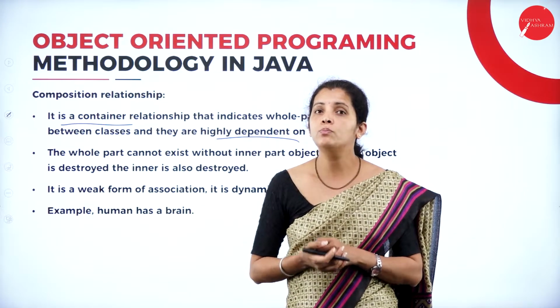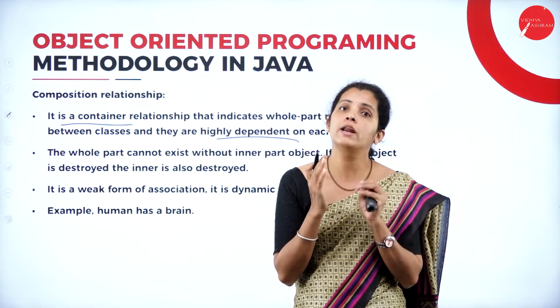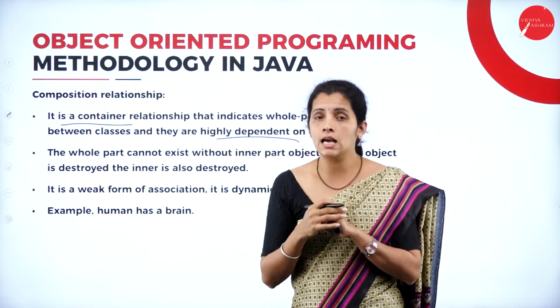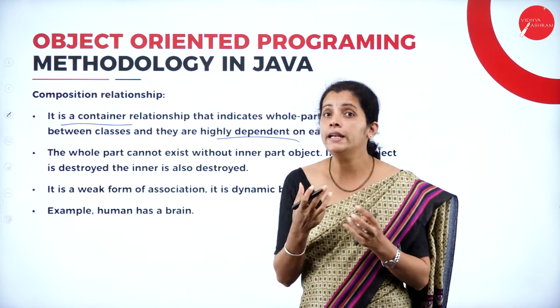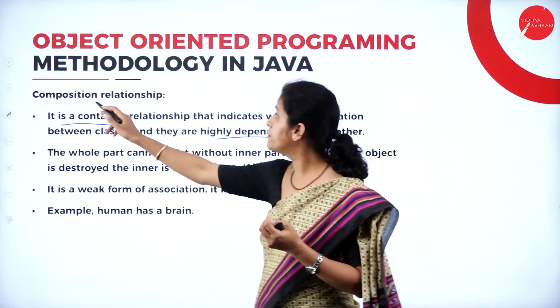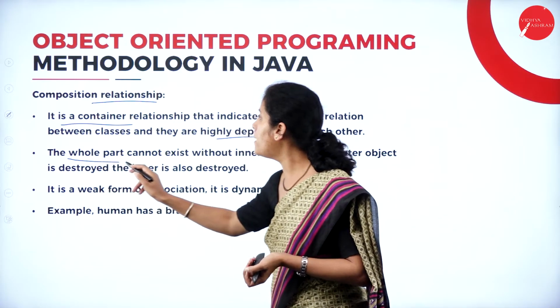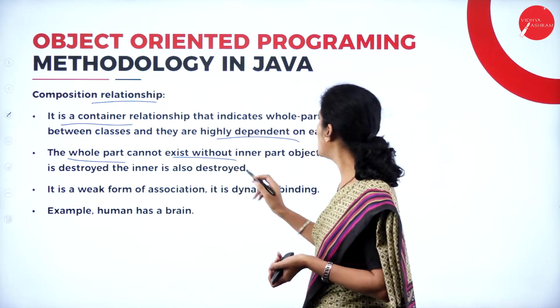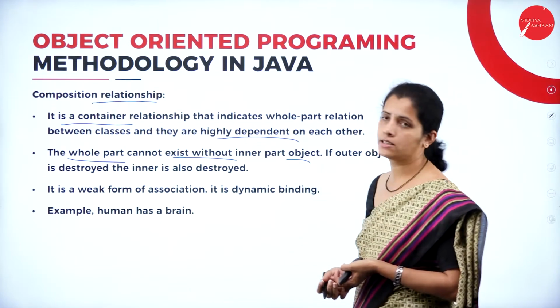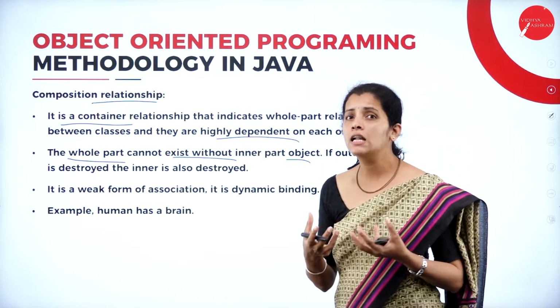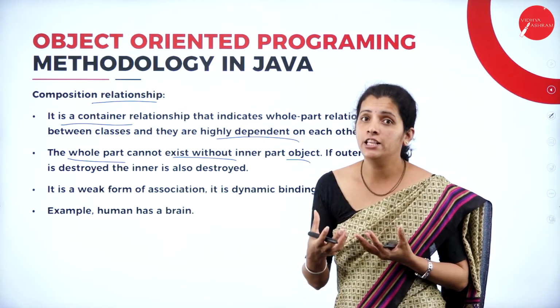If they want to perform any action or any activity, both the classes depend on each other, and that itself is called composite relationship. So the whole part cannot exist without the inner part of the object. So here both the classes are dependent on each other.